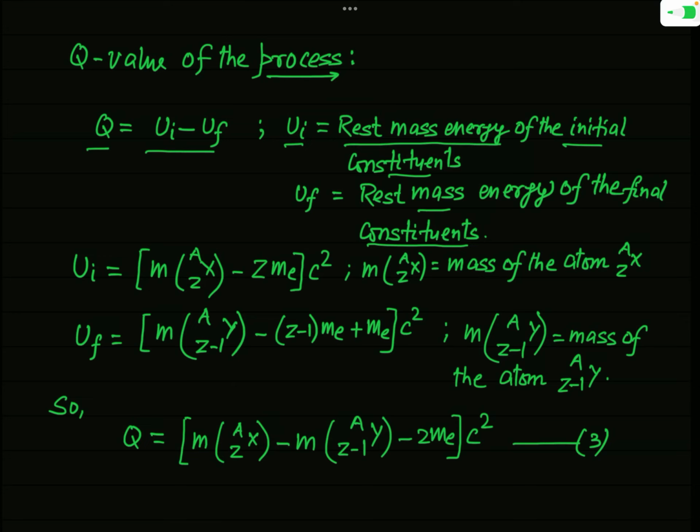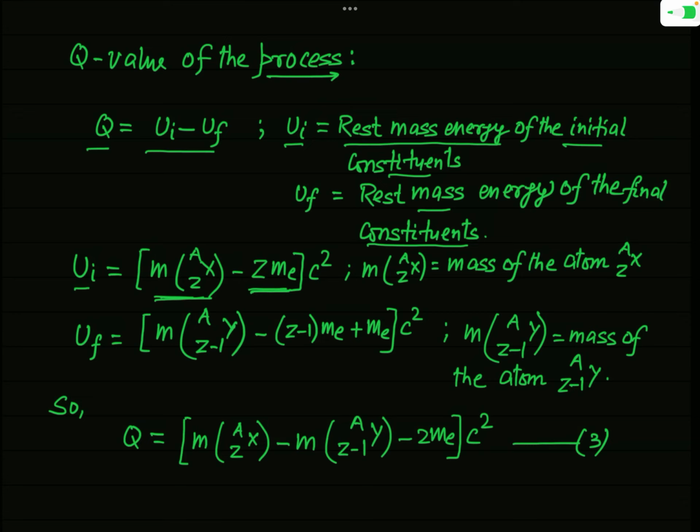We simply subtract the mass of the total electrons present in the atom from the mass of the atom, and then we get the mass of the nucleus. So M of ZXA here represents the mass of the atom X, and when the mass of the total electrons, that is Z times Me, is subtracted from it, it will be the mass of the parent nucleus. So Ui is simply equal to M of ZXA minus Zme times c square.